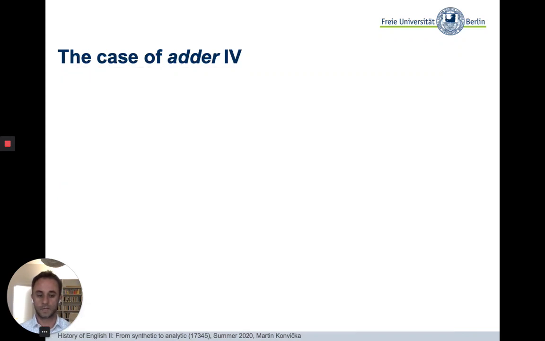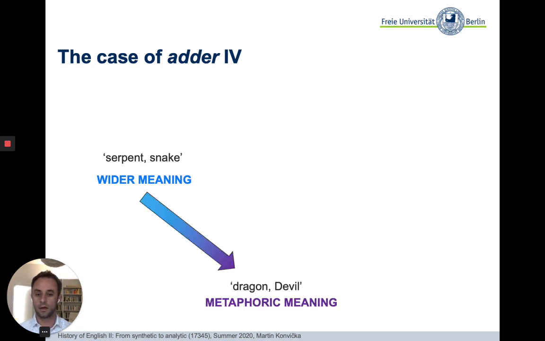Okay, so if we have a look at the development of the meaning of adder once again, we'll see that there was this wider meaning, which referred to a snake, a serpent in general. And from this wider meaning, a sort of metaphoric meaning developed, where adder meant a dragon or devil, right?